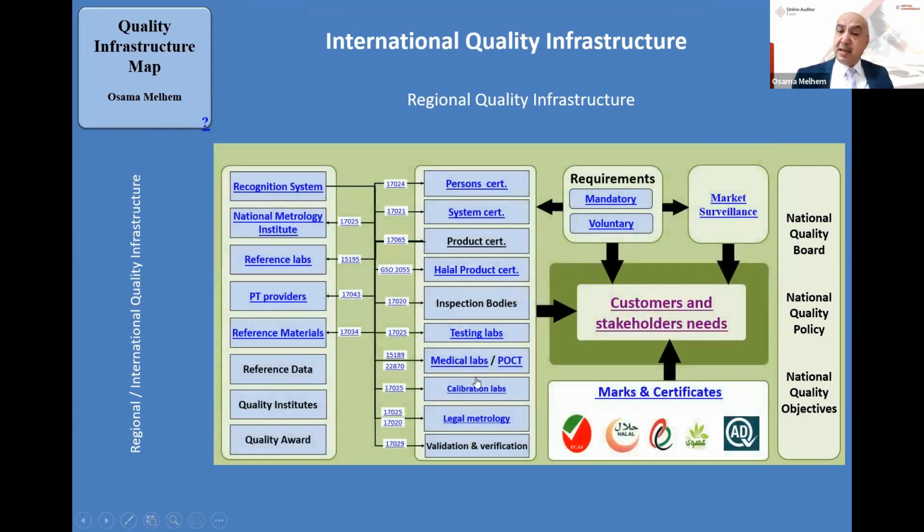Now, the main differences here, maybe people are getting confused when we are talking about testing and inspection. So I would like also to tell you something about the differentiations between these bodies. So testing is usually for testing a specific parameter of the product, while inspection depends on the professional judgment.